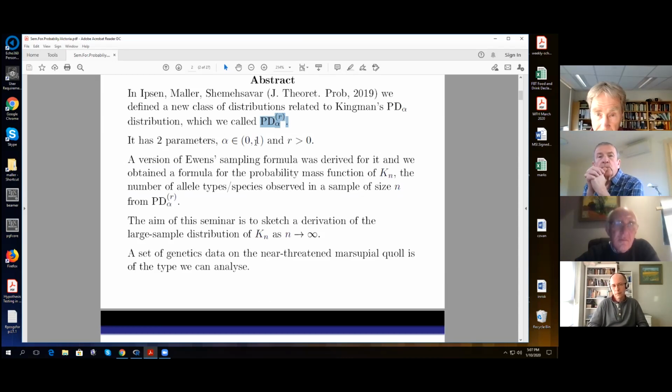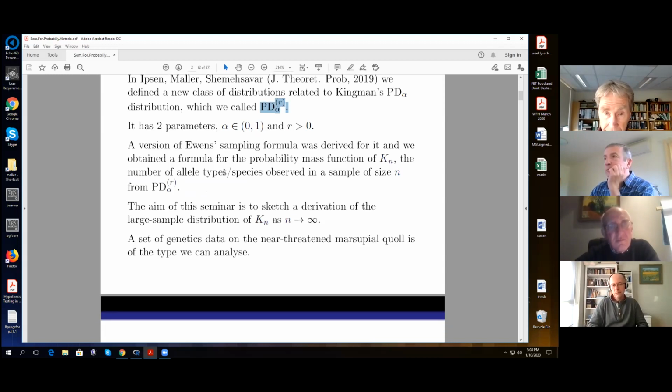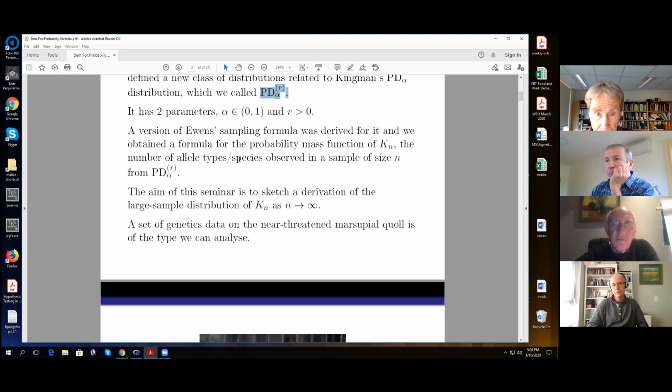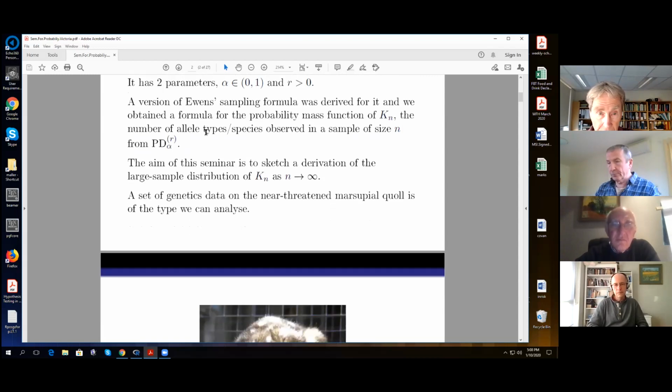This alpha is in (0, 1), and this R is any positive number. For this model, in the previous publications, we have a version of what's known as Ewens sampling formula, and we calculated formulae, for example, for the mass function of Kn, which is the number of species that appear in the sample of size n.